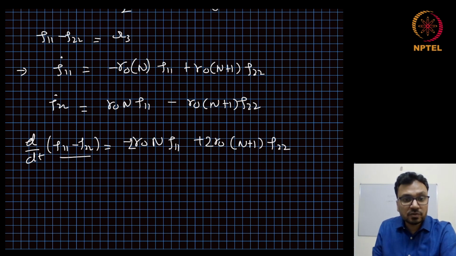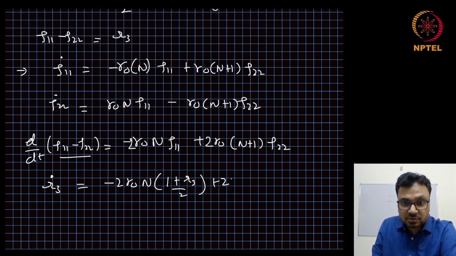Rho 1 1 minus rho 2 2 is R3, so this is R3 dot. We get minus 2 gamma naught n, rho 1 1 is 1 plus R3 over 2, plus 2 gamma naught n plus 1, that is 1 minus R3 over 2.